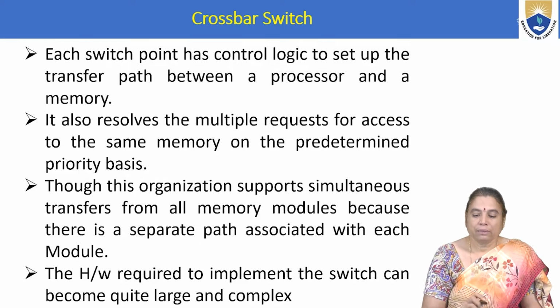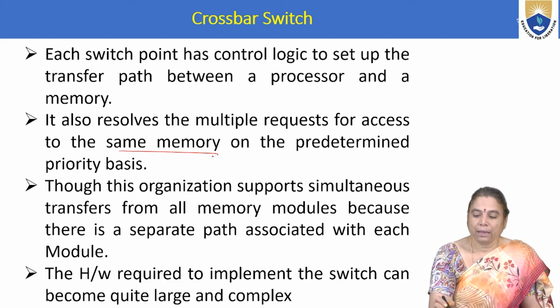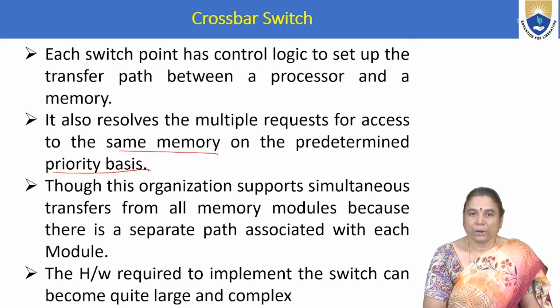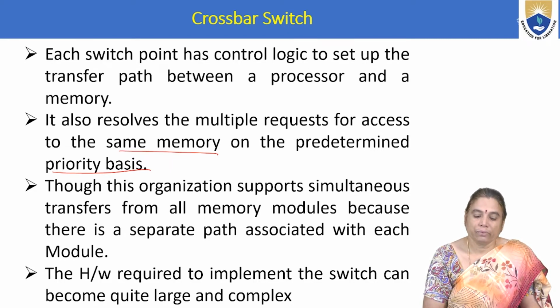It also resolves multiple requests for accessing the same memory on a predetermined priority basis. No fixed priority is there. The switching logic can determine the communication path between the processor and the memory module in case of the crossbar switch.